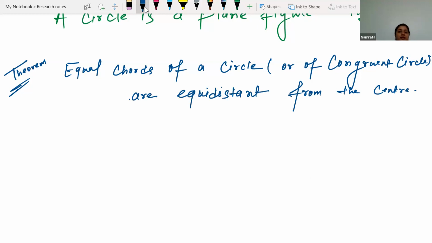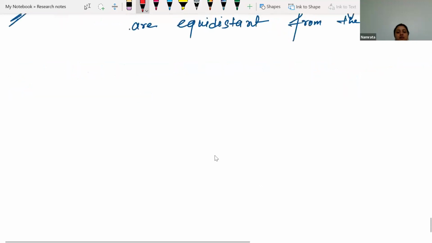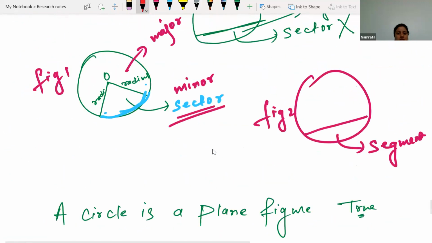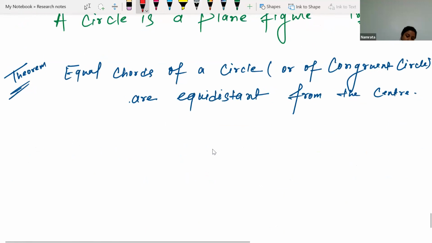One more theorem we'll be taking over here. Let me write that also. We'll be working on these theorems over here. Just a moment. One more theorem is there.